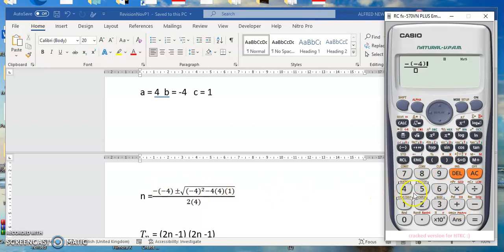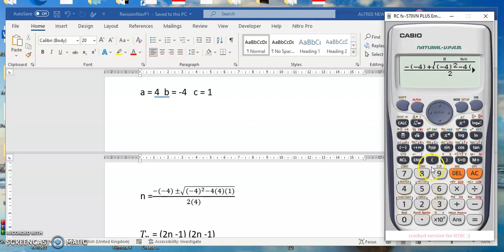For this plus, I have this plus, then square root, I have my minus 4 squared minus 4, my A is 4, and my C is 1, not minus 1.